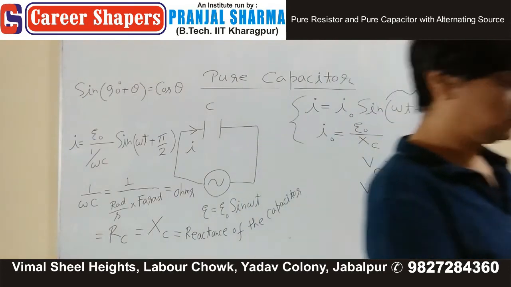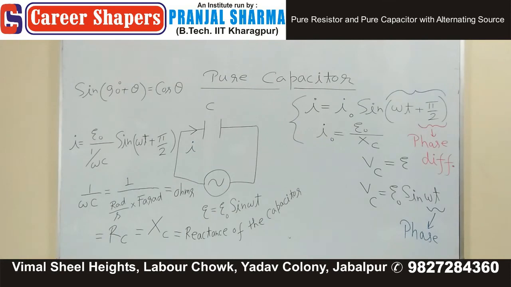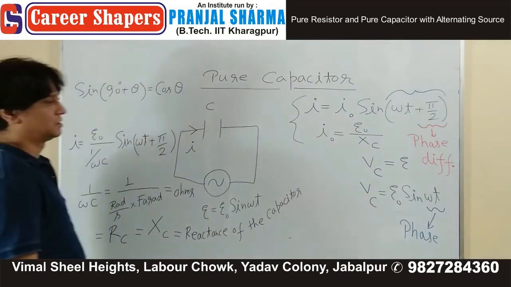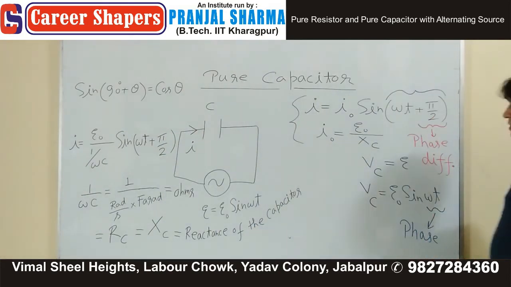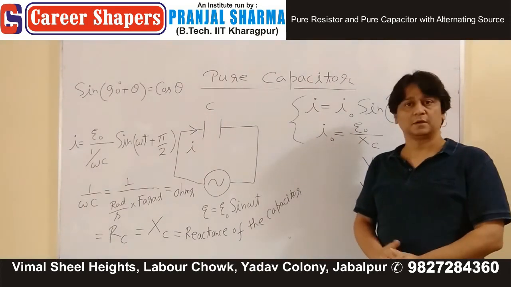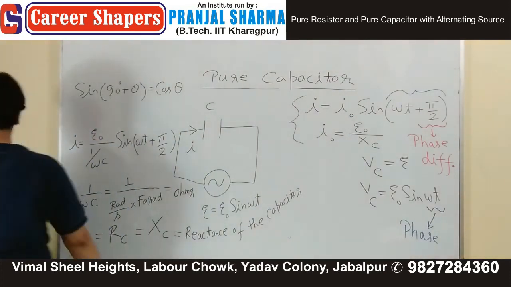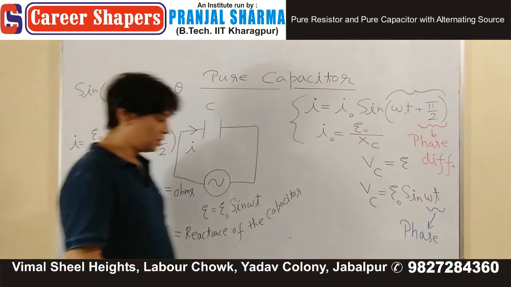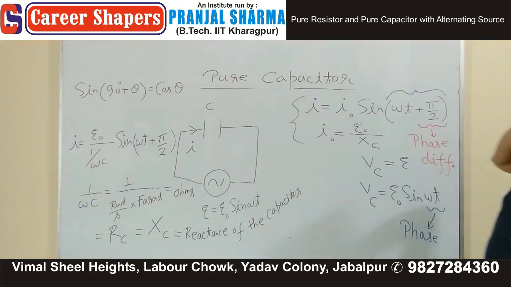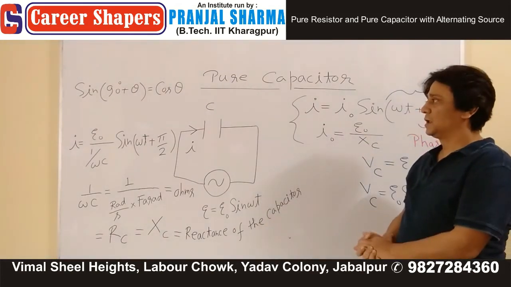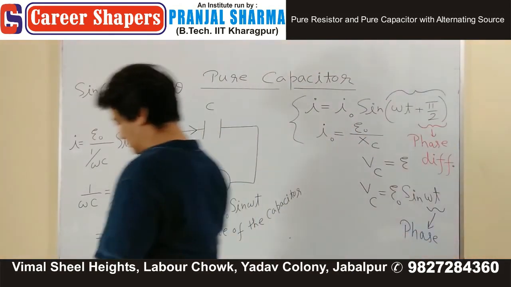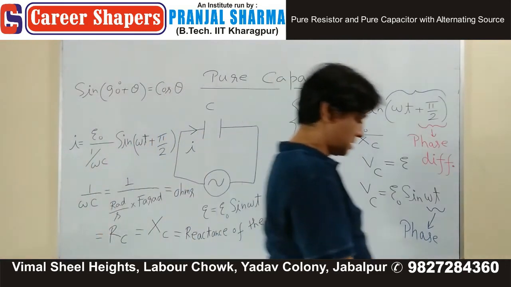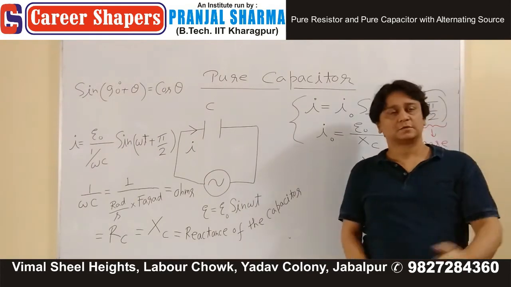Now write down the statement. When a capacitor is present in an alternating circuit, potential difference across the plates and current flowing through the capacitor are not in same phase.